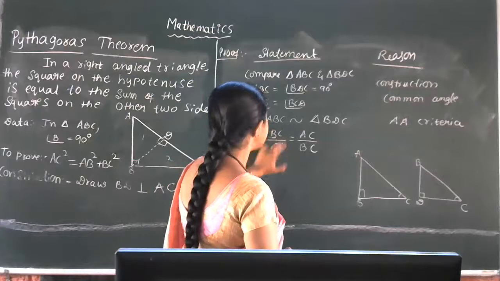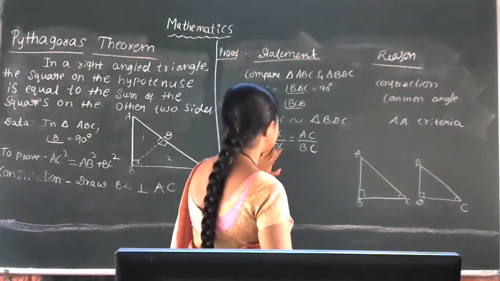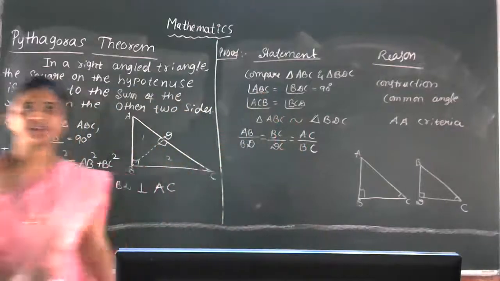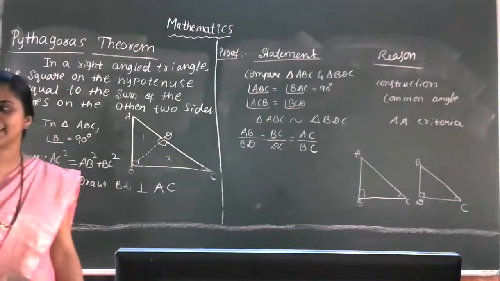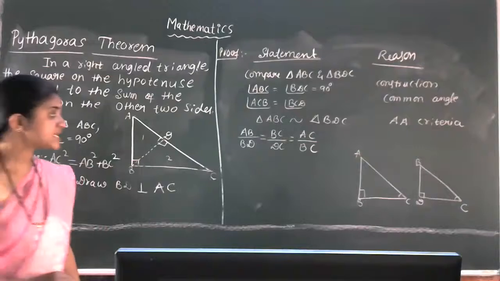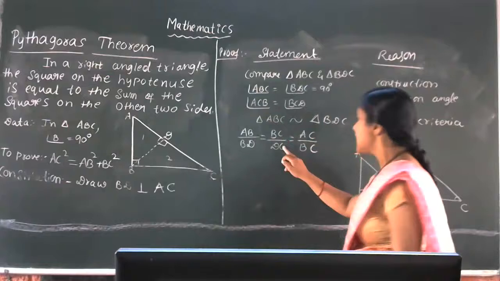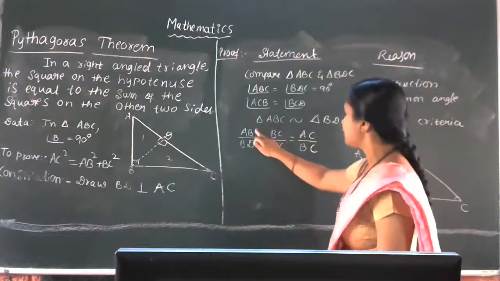Now we have to add these equations. Okay, this one I'm writing for my reference. Now I have to add equation 1 and 2. How to add equations, you all know: LHS plus LHS, RHS plus RHS. Now in the LHS part what do we have?